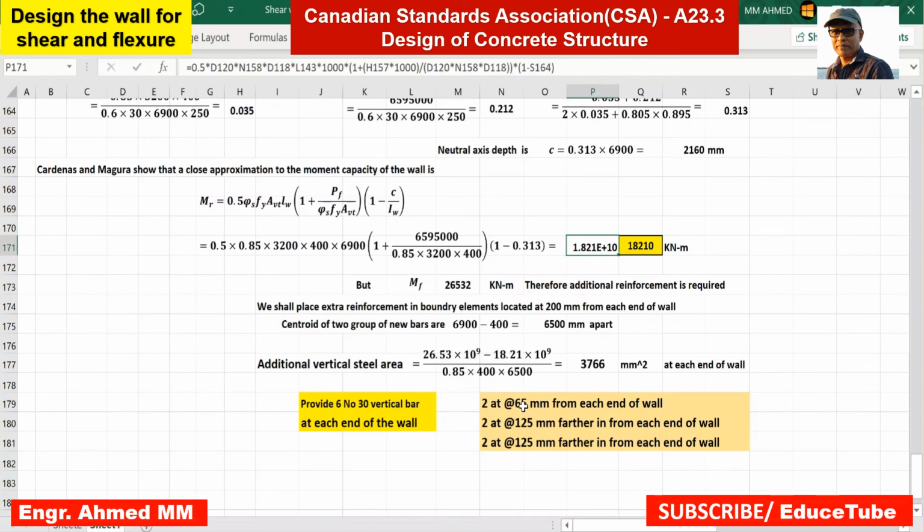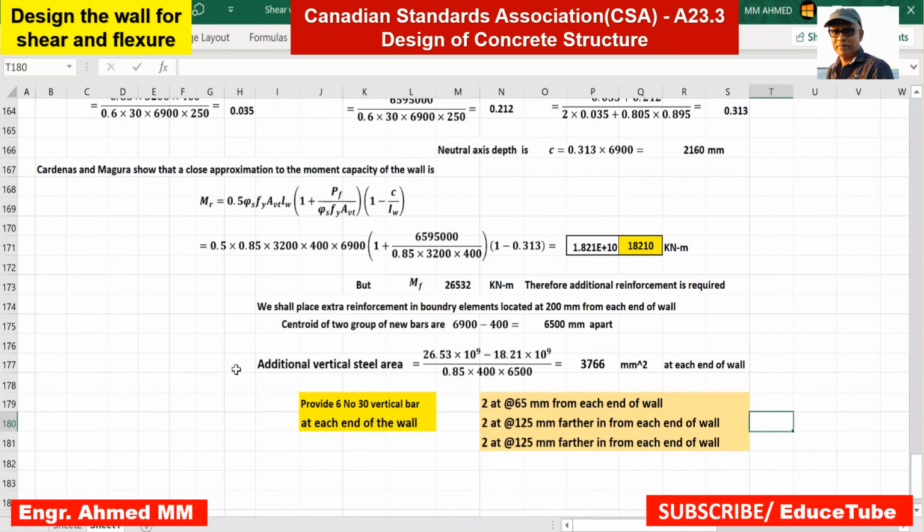The exact arrangement is not that important, it can be arranged, but it will be within that 200. So 2 at 65 millimeter from each end of the wall, 2 at 125 millimeter further in from each end of the wall.